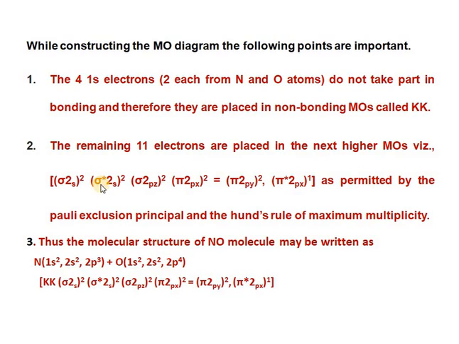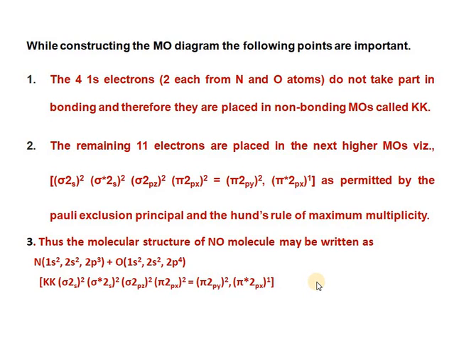These atomic orbitals combine to give new molecular orbitals with the electronic configuration: capital K as the penultimate shell, which is non-bonding, then sigma 2s2, sigma star 2s2, sigma 2pz2, pi 2px2 = pi 2py2, and in the antibonding higher energy level, pi star 2px1.